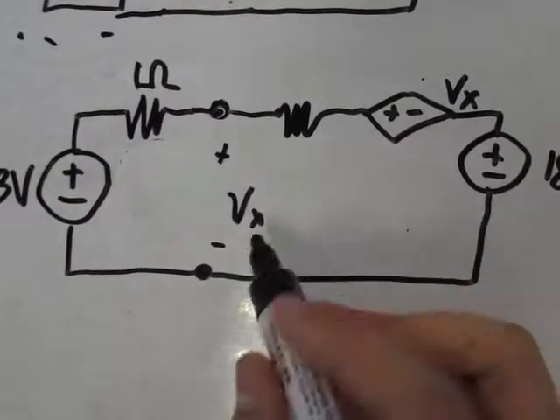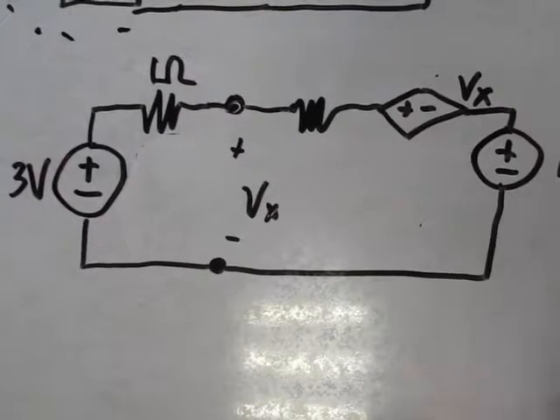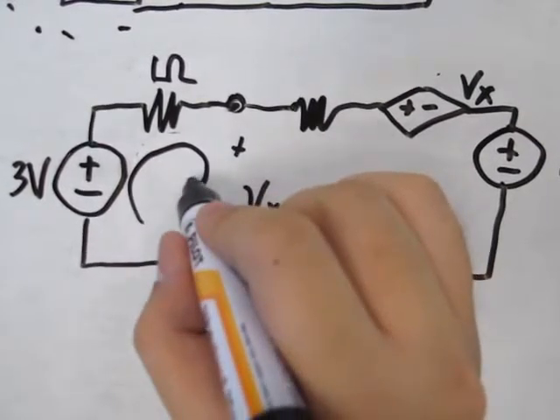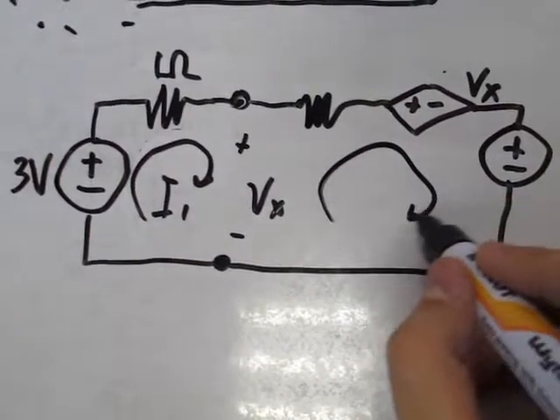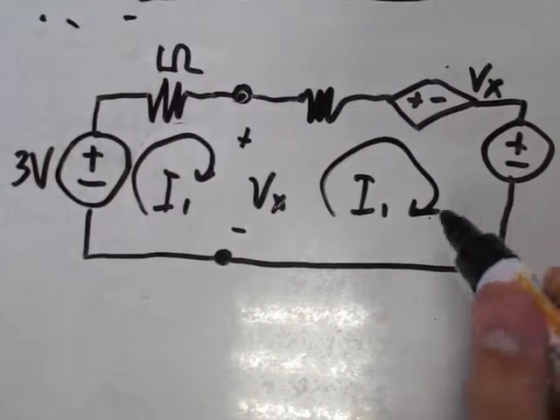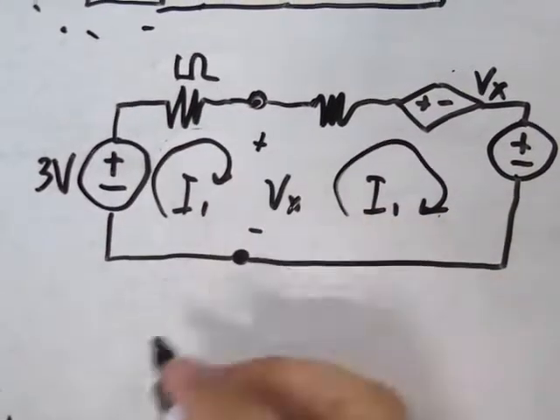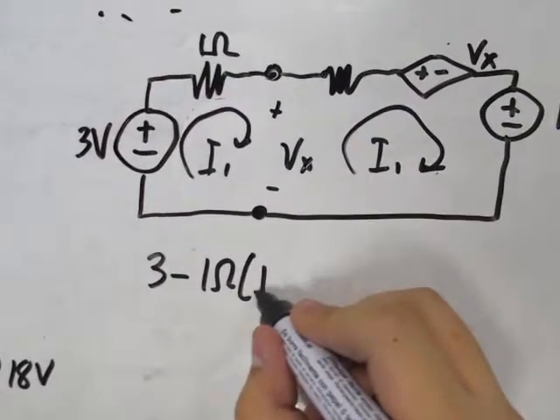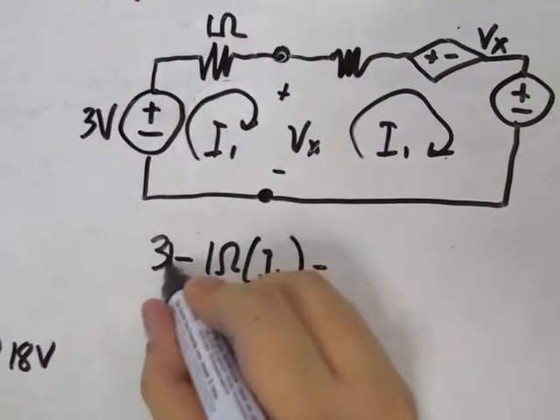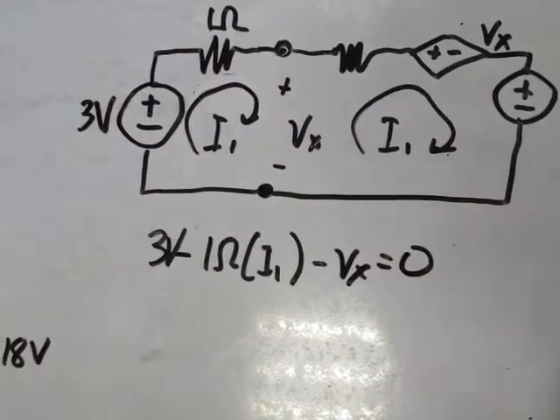So now, in order to solve for Vx, we need to apply mesh analysis to this circuit. So we have I1 for this loop and I1 for this loop. Meshing this loop, we have 3 minus 1 ohm times I1 minus Vx equals 0.